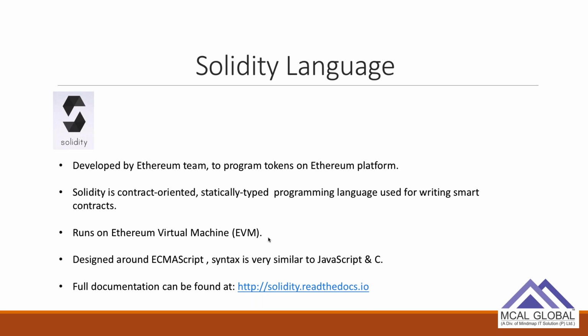So when I say that I'm part of the Ethereum network and contributing to it, that means I'm hosting some nodes, which are like small virtual machines, and they are running Ethereum on them. This language Solidity follows the ECMAScript standard, and the syntax is very similar to JavaScript and C. The full documentation can be found at the official site, solidity.readthedocs.io.